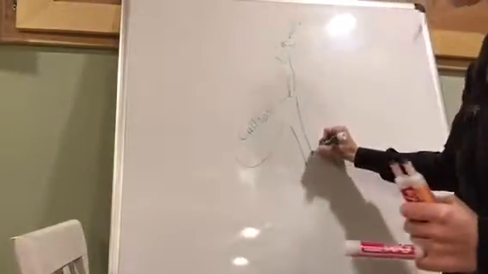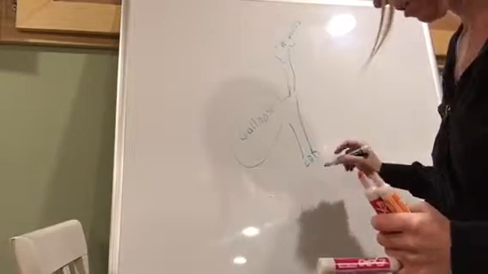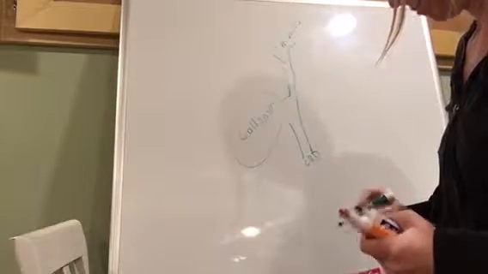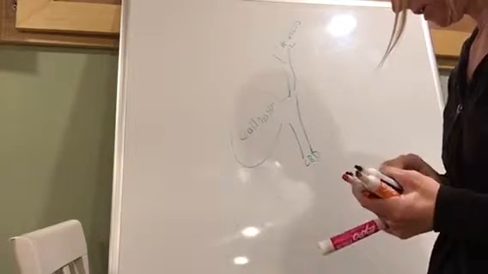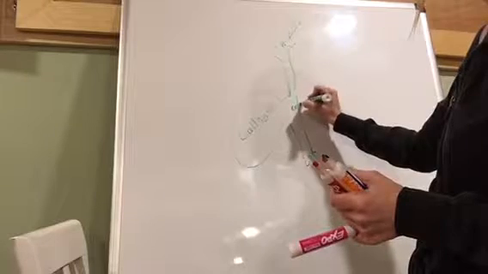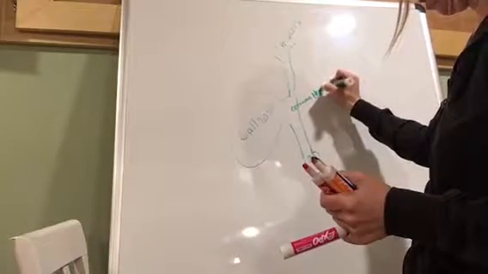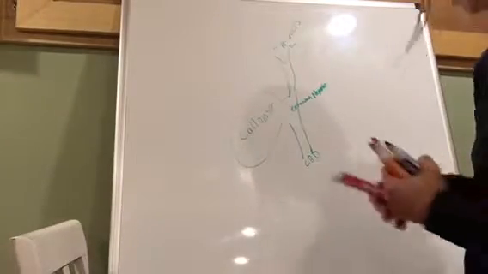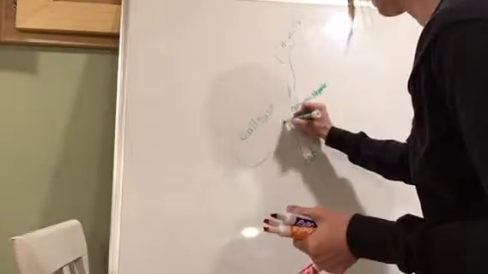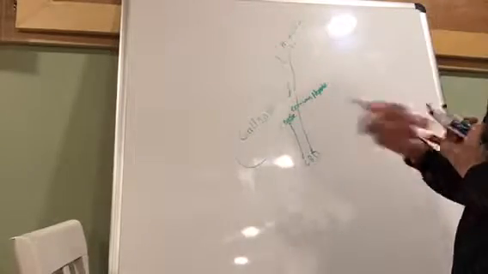I think it's just called bile duct. Back in the day, it was common bile duct. I think they changed the name. And your common hepatic duct is right through here too. Right underneath, and here's your cystic duct, by the way. Right underneath that is your duodenum.